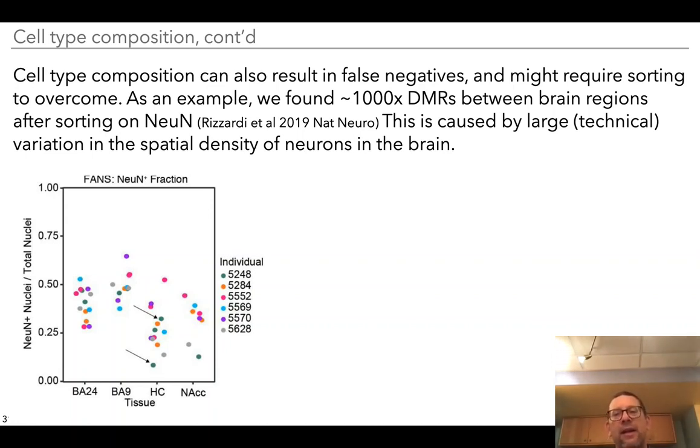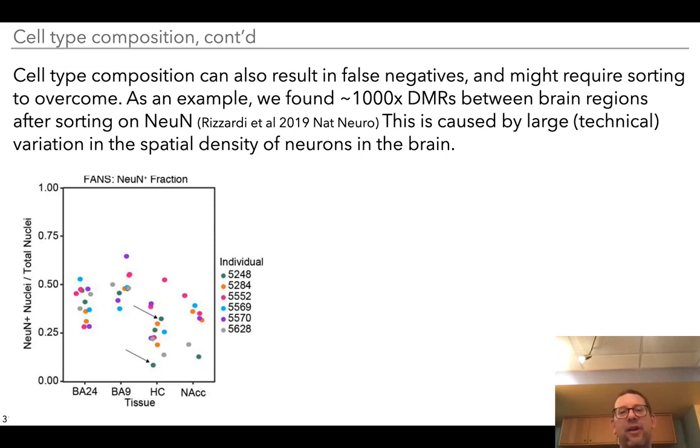We did it both in bulk, unsorted data, and then we sorted on the NeuN marker, which basically means we are sorting into two populations, neurons and non-neurons. And doing this increased our number of differentially methylated regions by more than 1,000-fold. We basically went from finding nothing, like 100 DMRs or something like that genome-wide, to finding 100,000.